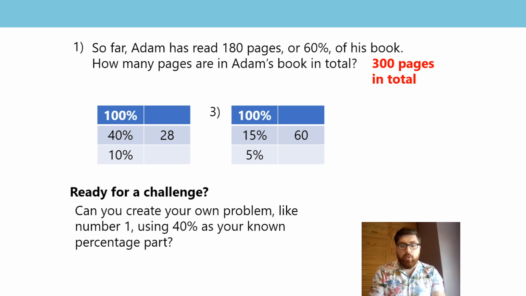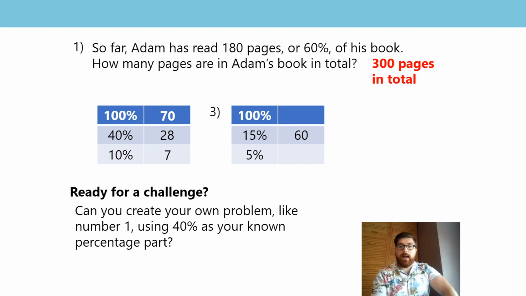The next questions are ratio tables. So the first ratio table, you've been given 40% is 28, but then 100% and 10% are both missing. So the values are: 70 is 100% of the value, and 10% is 7.